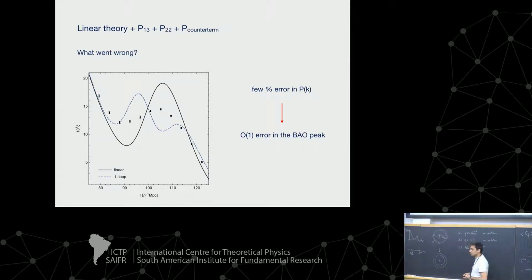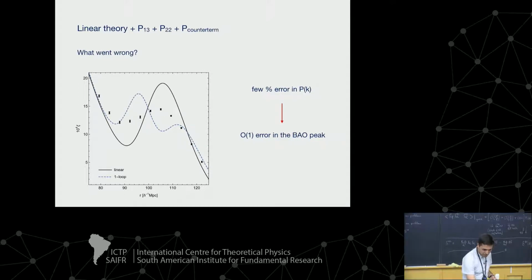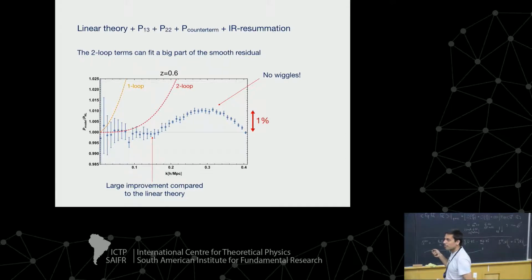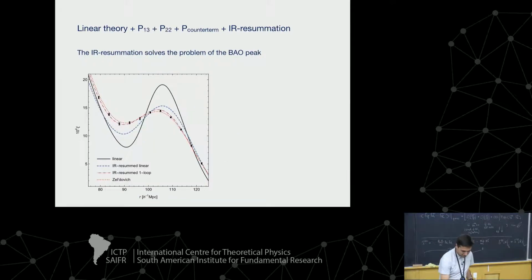Once you include this in the formula, you're going to get a much nicer, smooth power spectrum. There are no residual wiggles when we compare to the nonlinear theory from simulations. This means that the BAO peak must be right, and in fact it will be right.